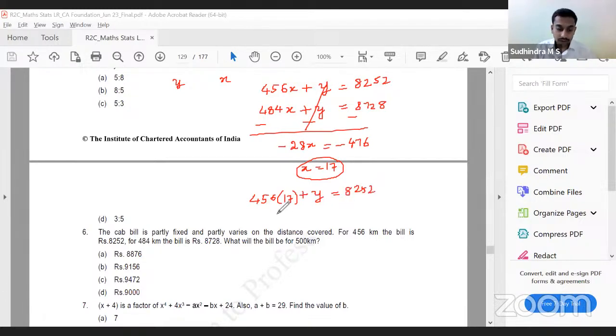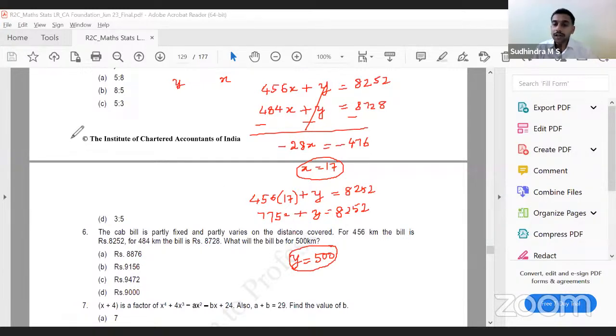What is 456 into 17? 7,752. 7,752 plus y equals 8252. Therefore, y is 8252 minus 7752, which is 500. So the fixed component is 500.